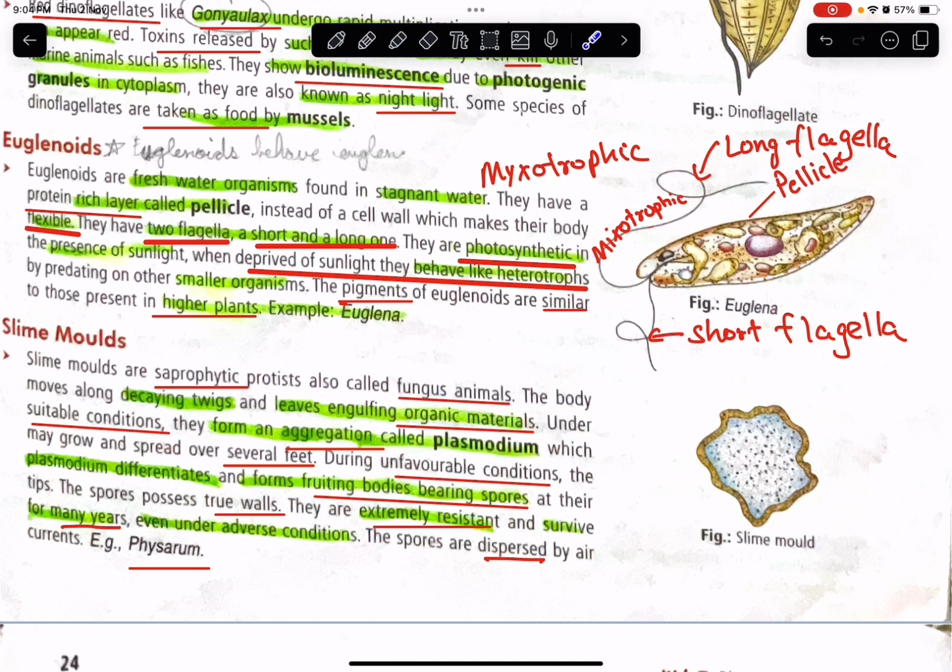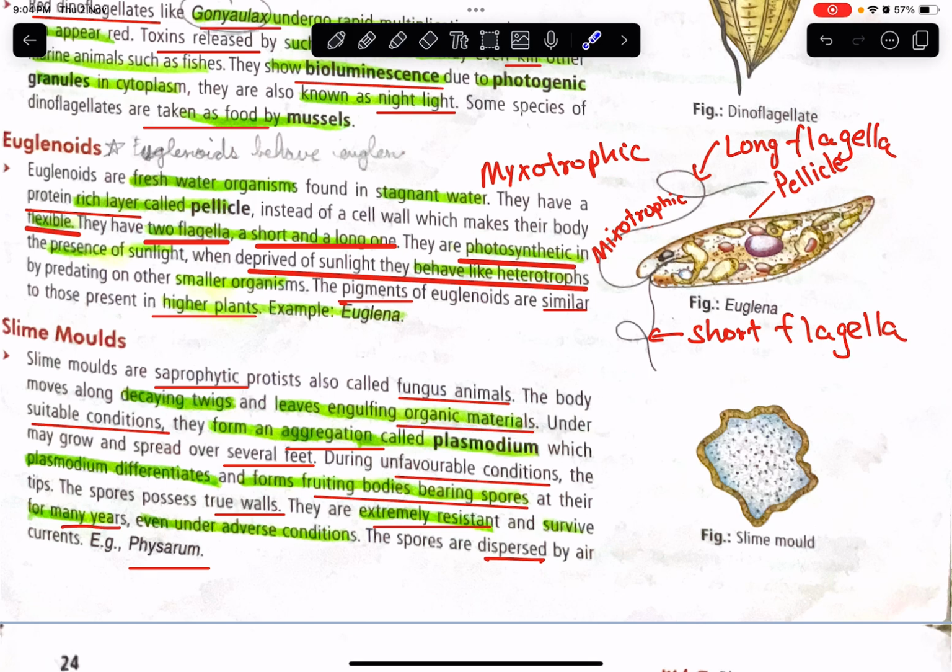Next is slime molds. Slime molds are saprophytic protists. Saprophytes means they feed on dead and decaying matter. And that's why they are also known as fungus animals. Important question. The body moves along decaying twigs and leaves engulfing organic materials.